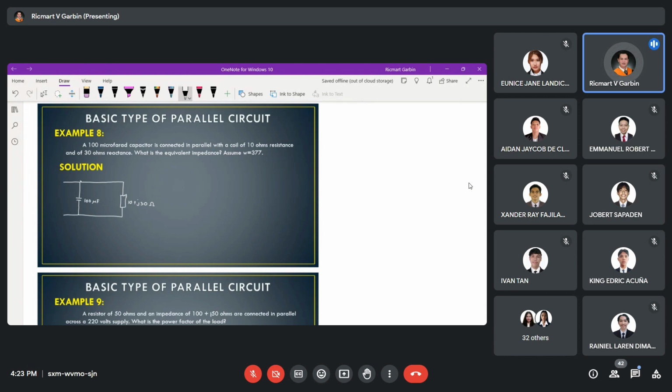Pwede na ba agad tayo mag-proceed with the parallel simplification? Pwede na ba agad? Anyone?